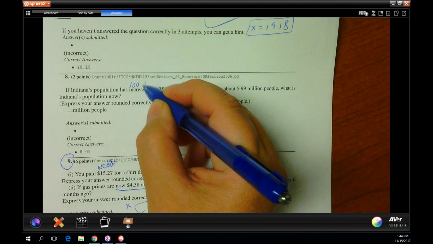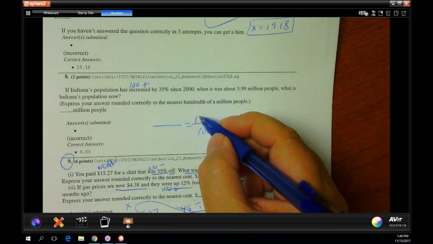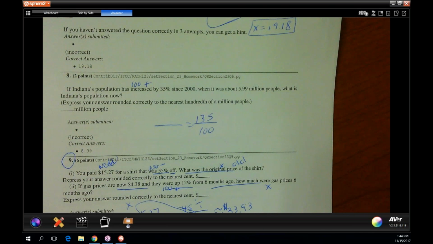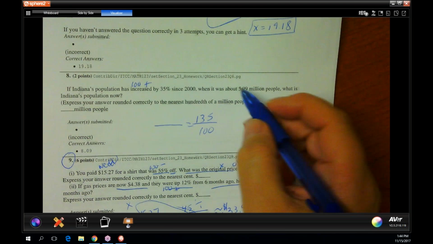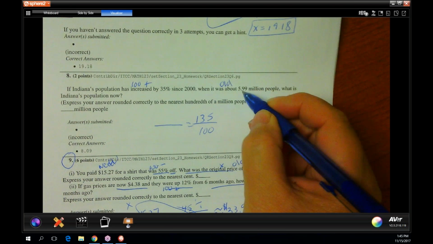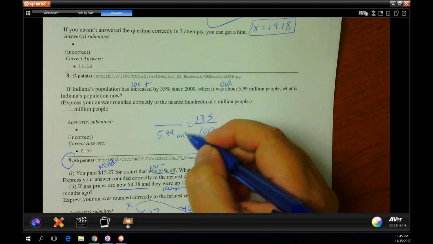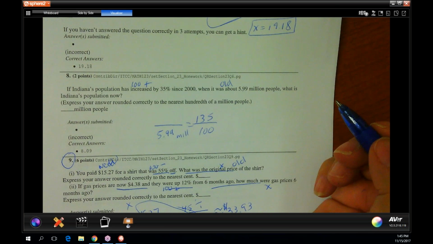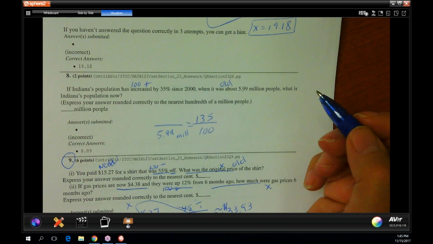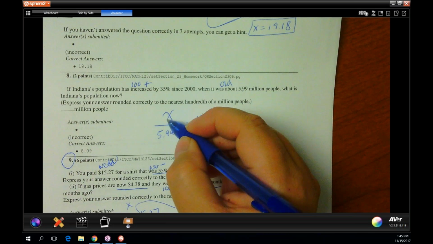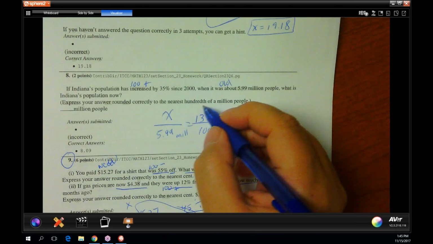Population has increased 35%. So we're adding 35 to 100. When it was, so that's our old, and we'll just use the word million. What is its population today? So that's the new.